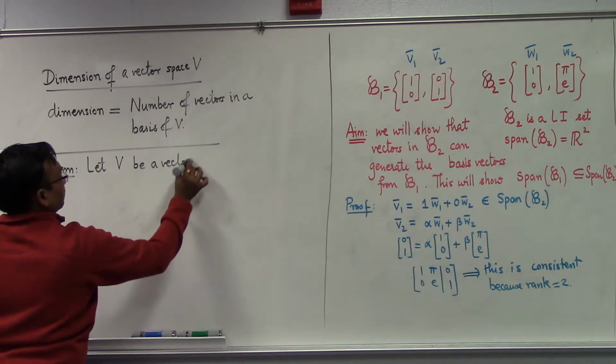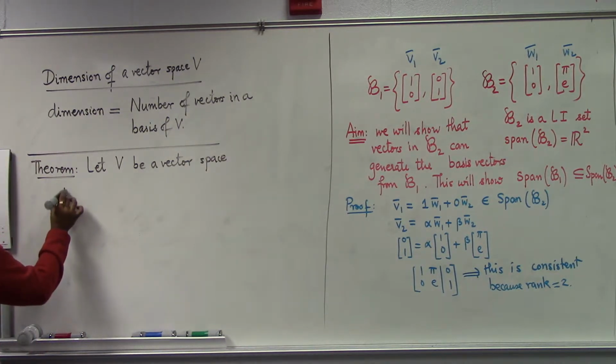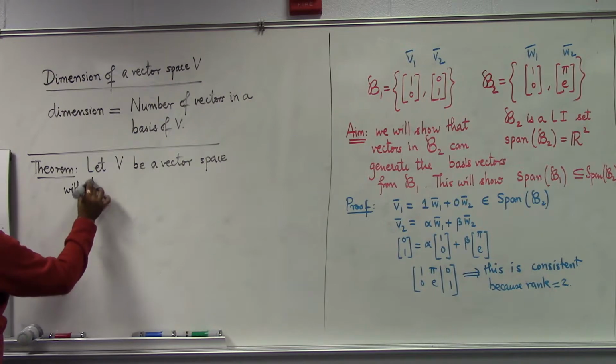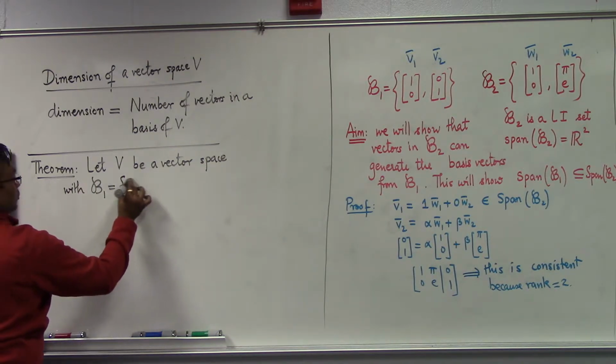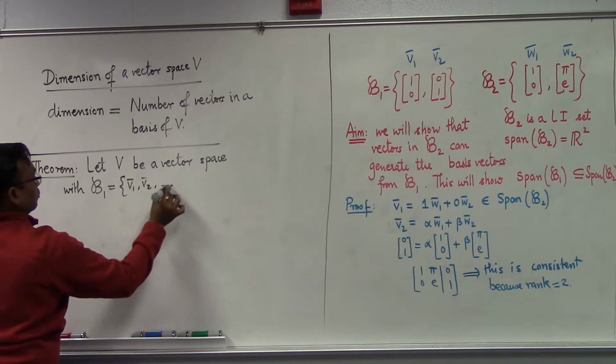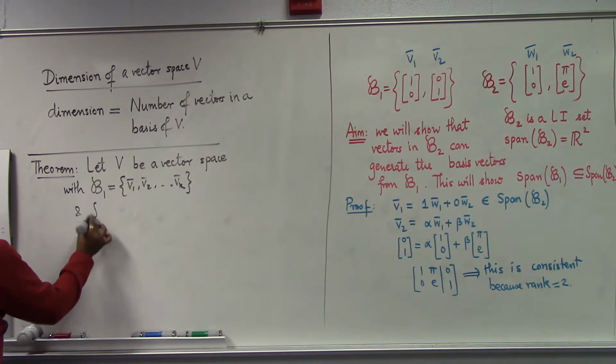So suppose we have a vector space V, and suppose I have a set B1 and a set B2.